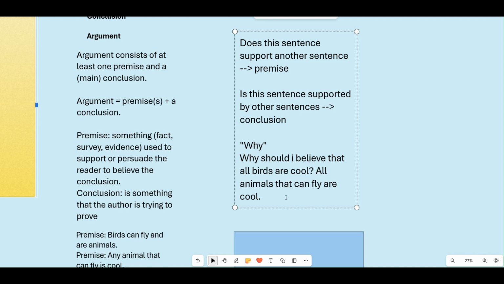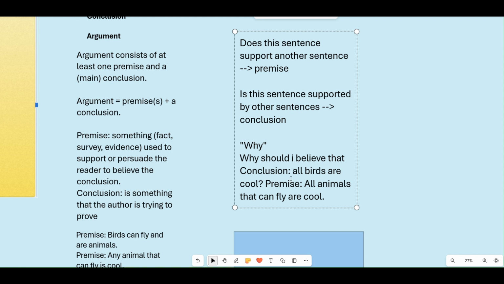Why should we believe that? Because of the premise, all animals that can fly are cool. And so that makes the conclusion that all birds are cool. So why should we believe this conclusion? Well, because of this premise.